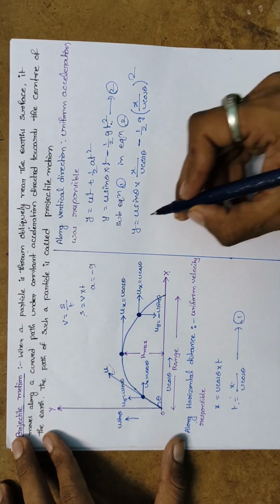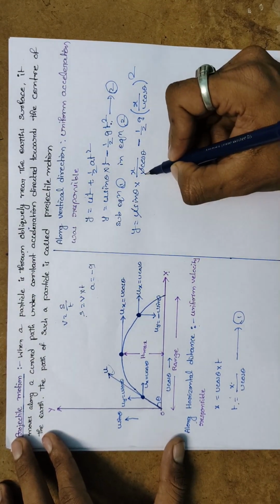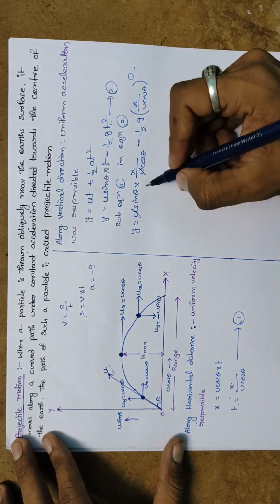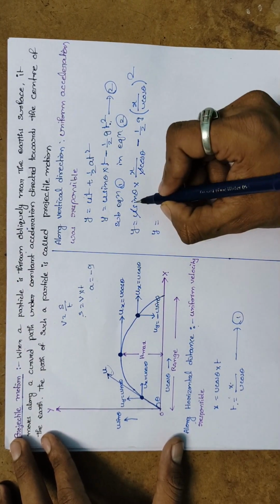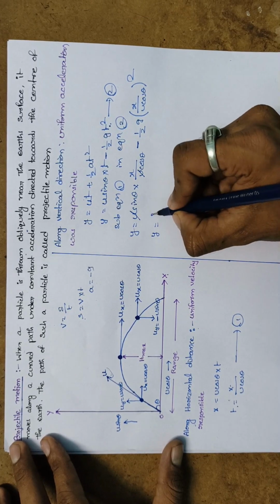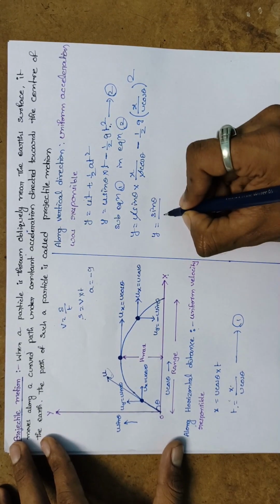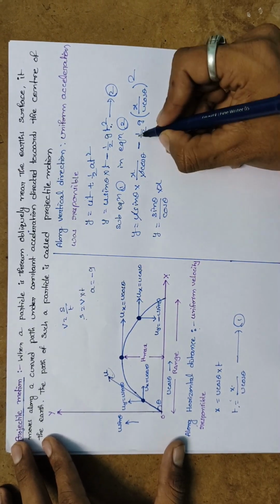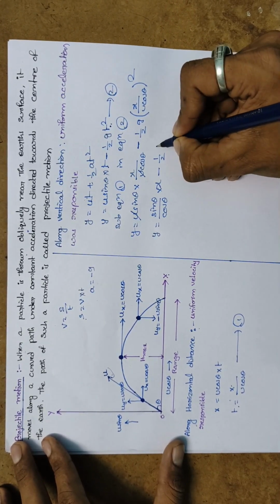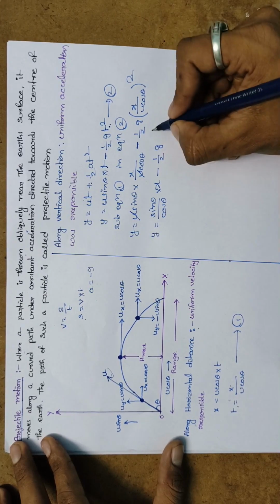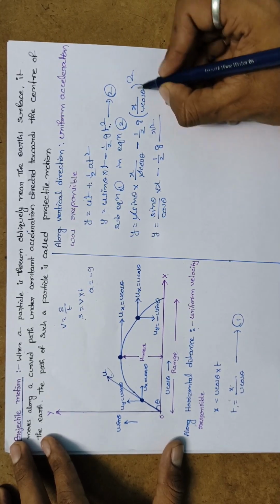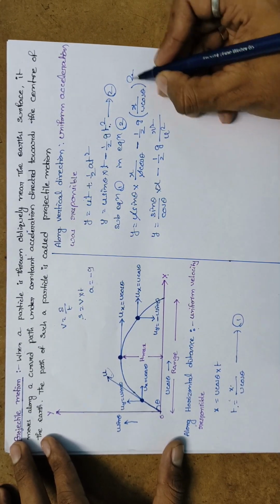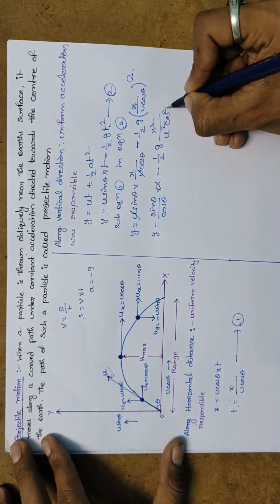So look at here. Here u will be there and in the denominator u will be there. So cancel. y is equal to sin theta by cos theta into x minus half g into x square by u square cos square theta.